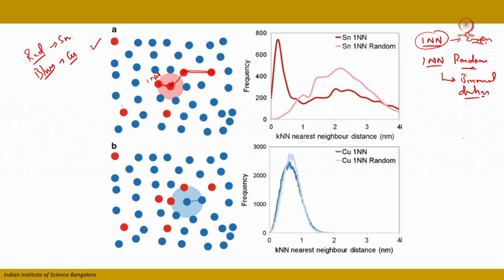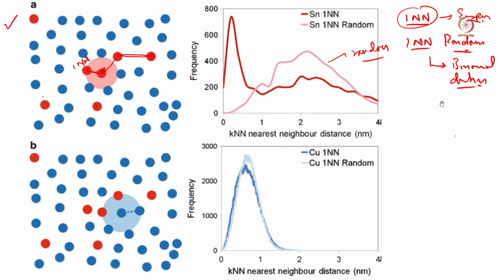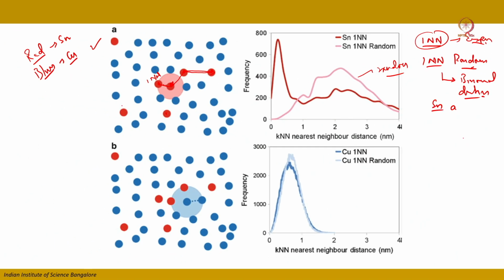Fine, so you can see that the pink color one is the random, but the red color one is the experimental one. And you can see that for these red color atoms, the tin atoms, it evolves as the highest frequency.